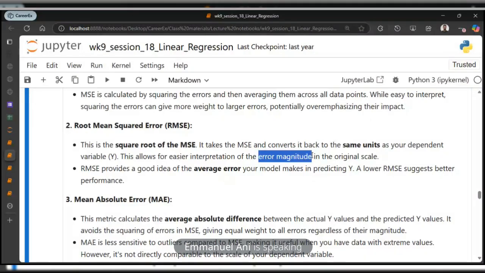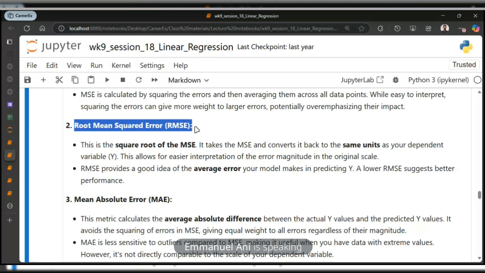There are some errors that might be very big, so if you add up those errors with the other ones, it probably affects the general error. So you need to neutralize it, or remove that effect, and you can use the root mean squared error metric. All right, so these are the two metrics that we can use.